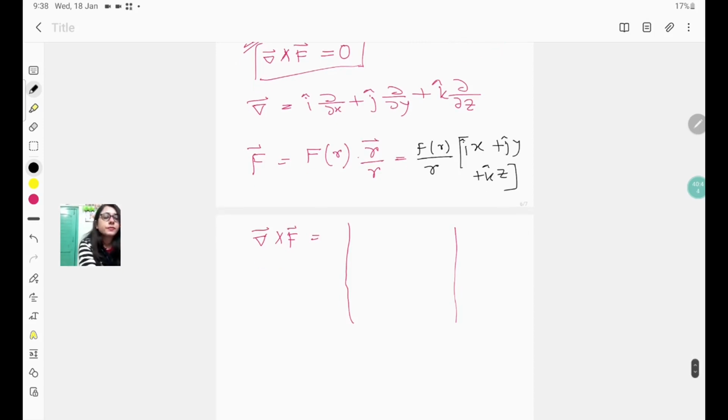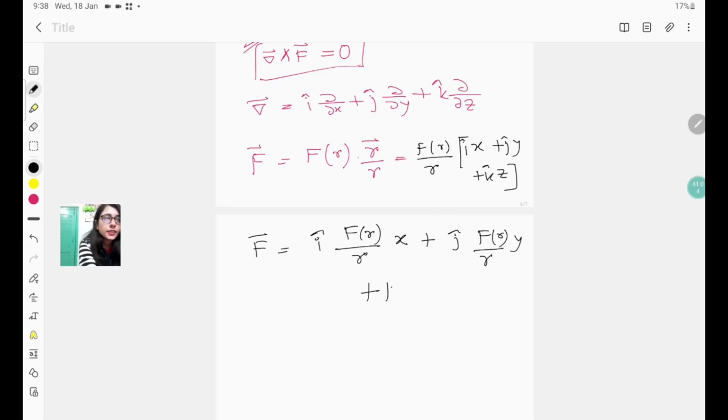So, F vector is equal to i cap F r by r into x, plus j cap F r by r into y, plus k cap F r by r into z. Okay.